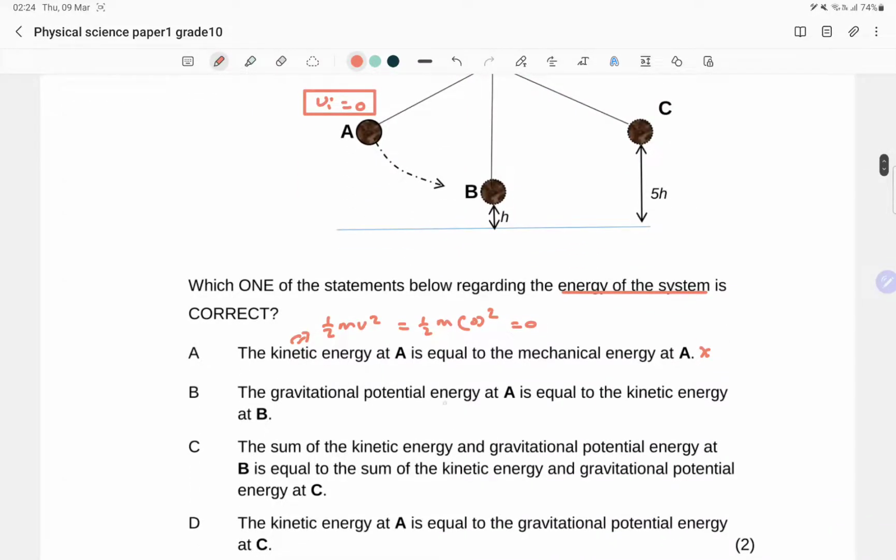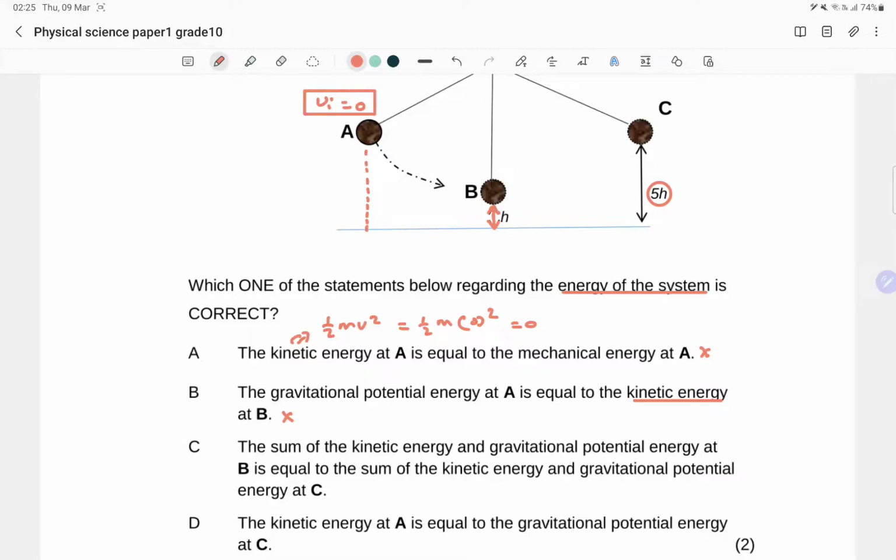Now, the gravitational potential energy is equal to the kinetic energy at B. The answer is no, not true. Because the gravitational potential energy at A is basically that maximum height, isn't it? The problem is that B is also a height above the ground, okay?